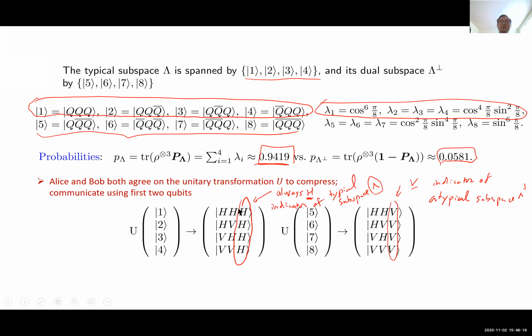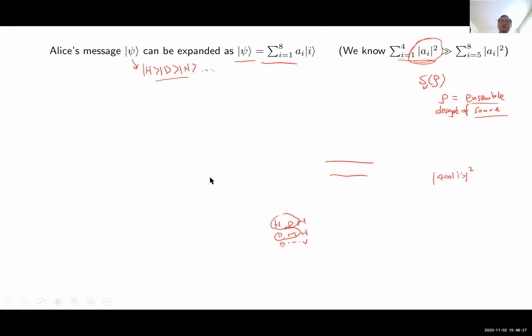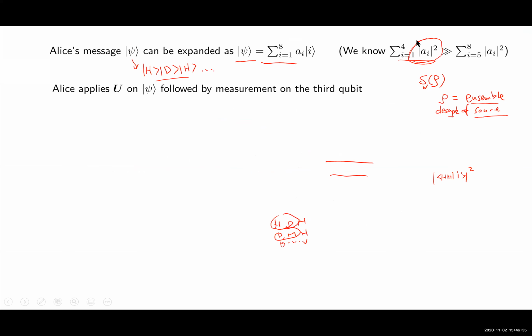Right, the second group. But you know the state that she sent in has high fidelity, so high weight in the first 4 states. So typically, on average, this would have. I see, because the 8 groups are orthogonal. Yes, but the point is not orthogonality.